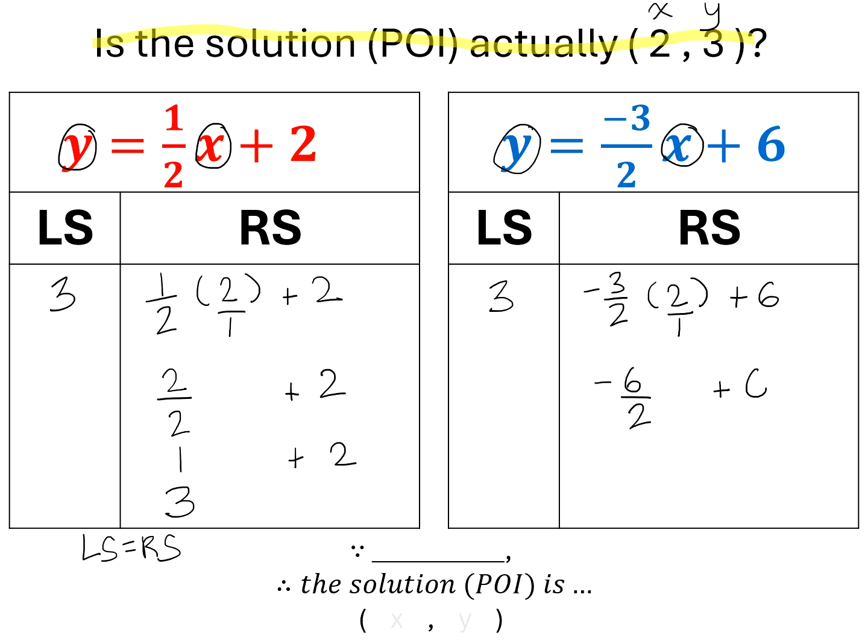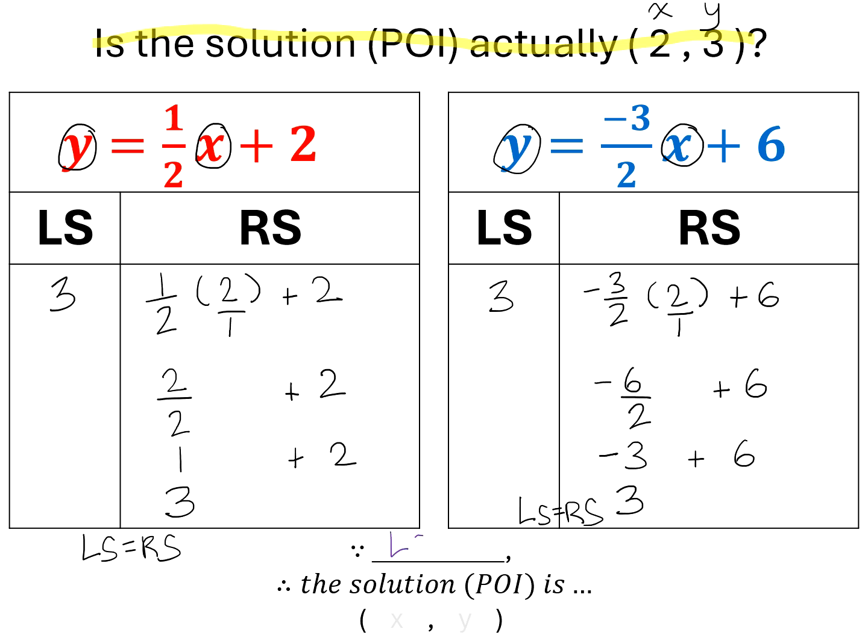We can simplify this fraction. Negative 6 divided by 2 is negative 3, and negative 3 plus 6 is 3. Therefore, the left side is equal to the right side.